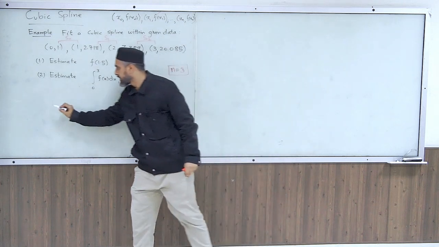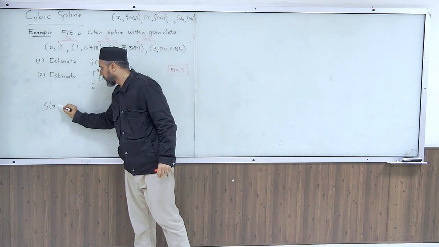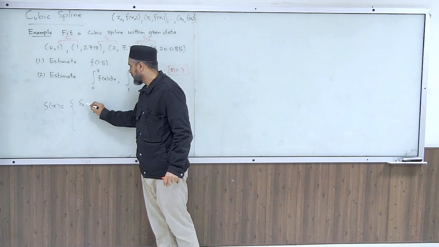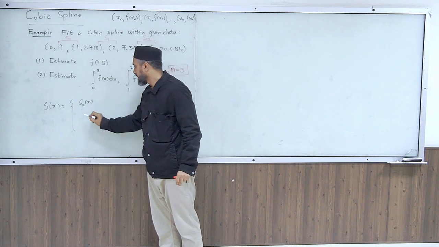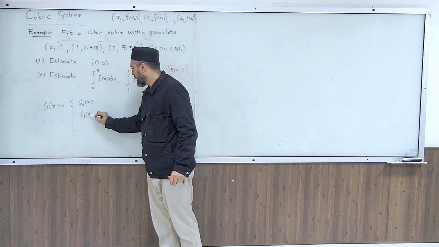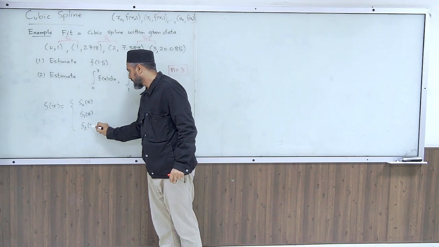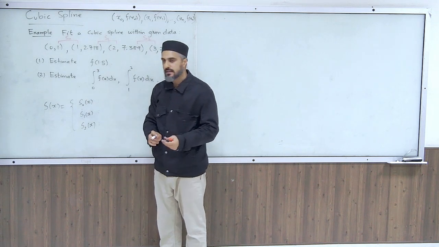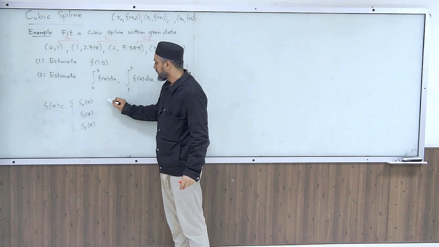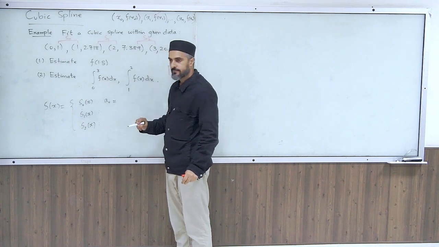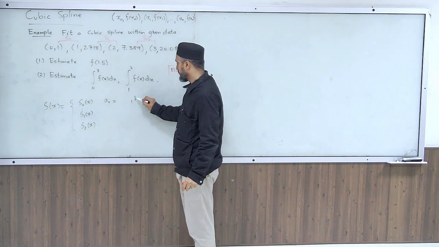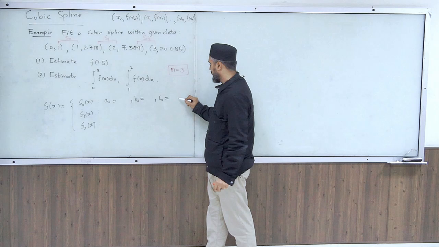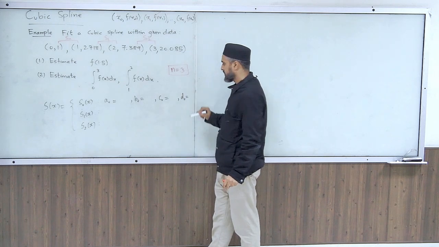Let me just write over here. What is S of x? S of x is S0 of x, S1 of x, and S2 of x. Now to have S0, I need to find A0, B0, C0, and D0.